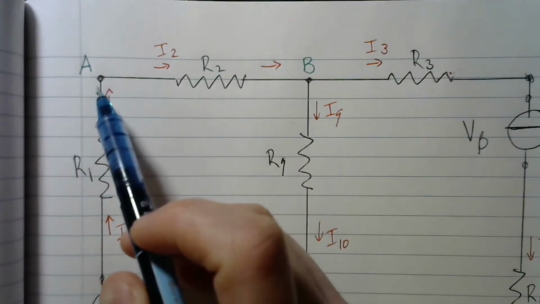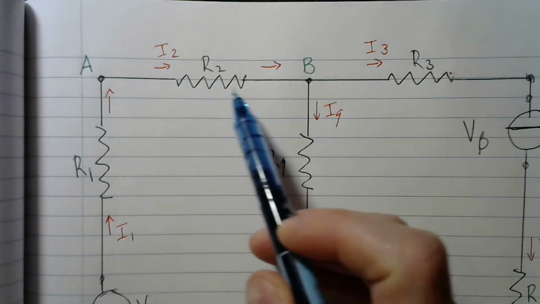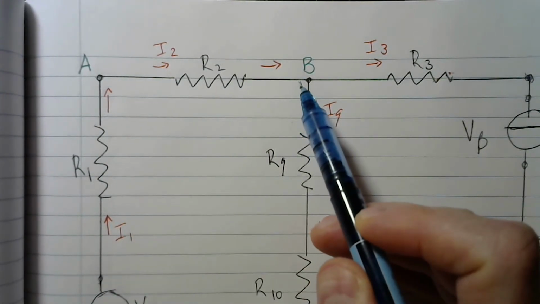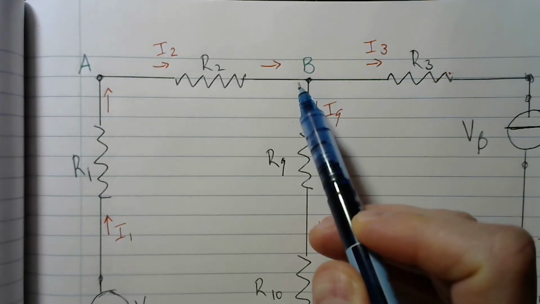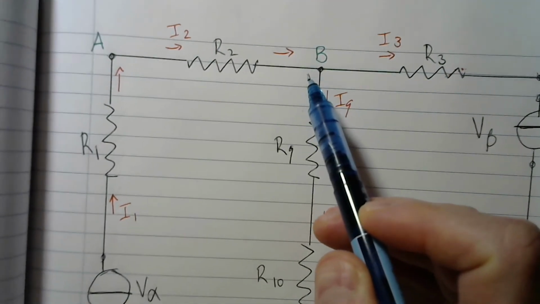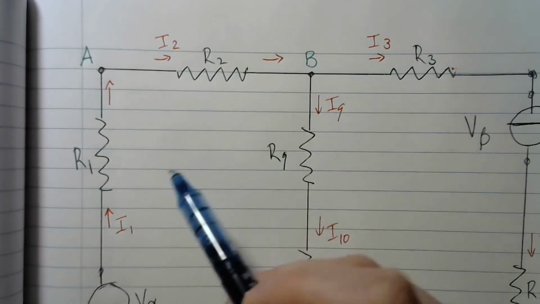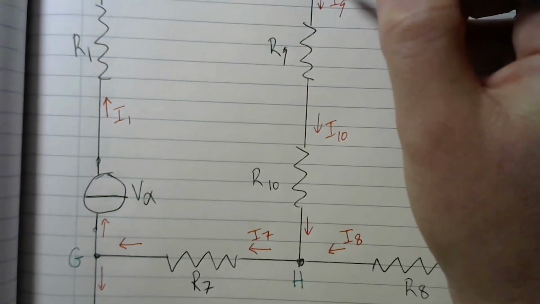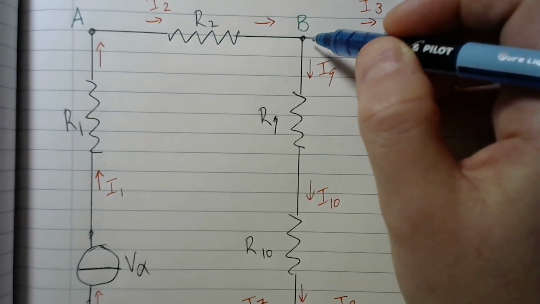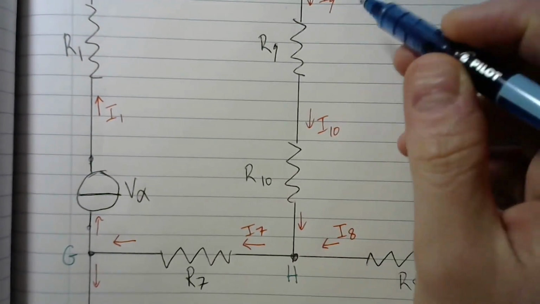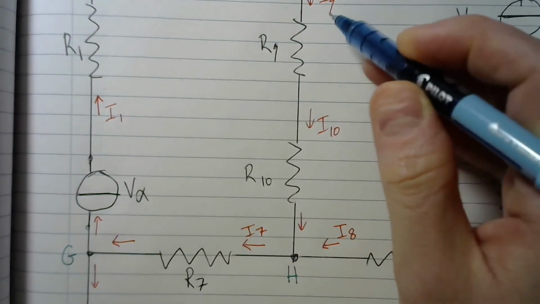So starting at A, if we travel in this direction from A to B, then we are traversing resistor number 2, and we are going in the same direction as the conventional current. So that would be a negative voltage. Then we go from B down to H, and we are traveling through two resistors, R9 and R10.